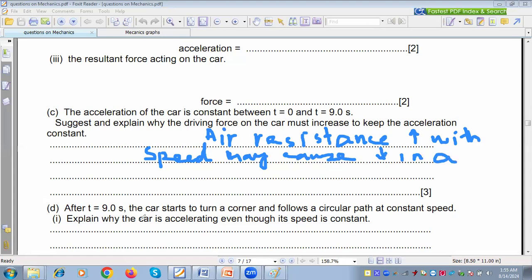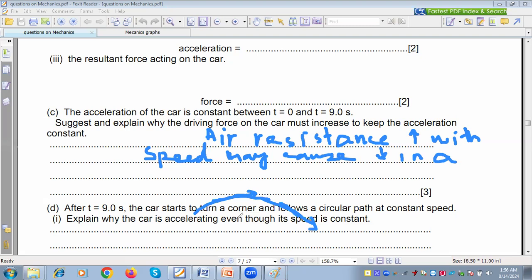After 9 seconds, the car starts to turn a corner and follows a circular path at a constant speed. Explain why the car is accelerating. Because when a body moves in a circle, the direction changes at every position. In a circular path, the direction is different at every point, even if the speed is constant. Velocity changes with either a change in speed or a change in direction, and when there is a change in velocity, the body is accelerating.